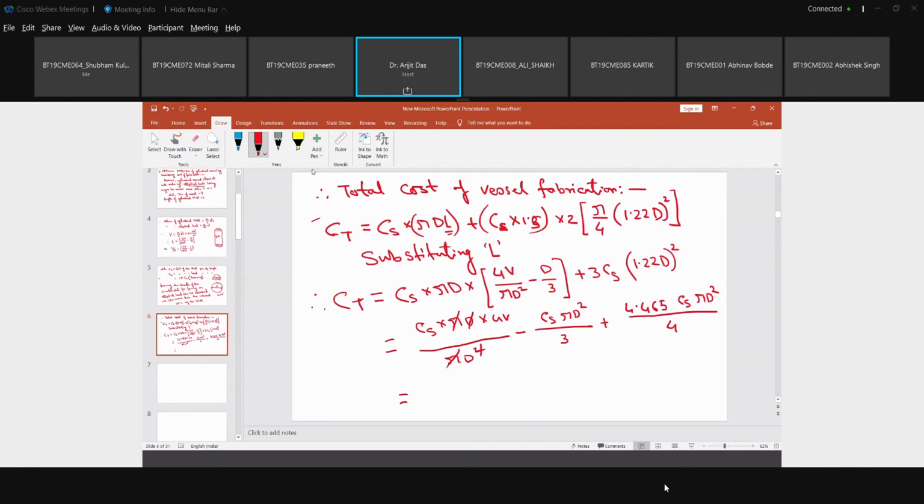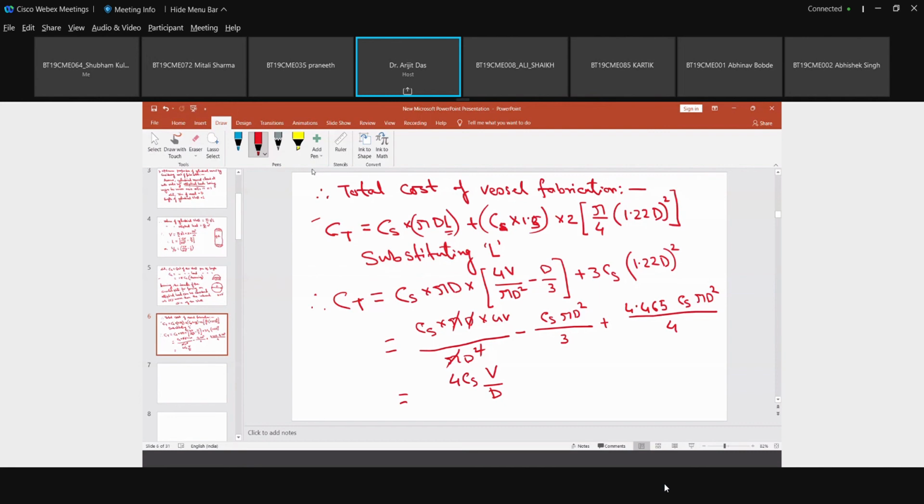So that is 4 CS V by D. And then you find the expression of these two terms, this minus this.